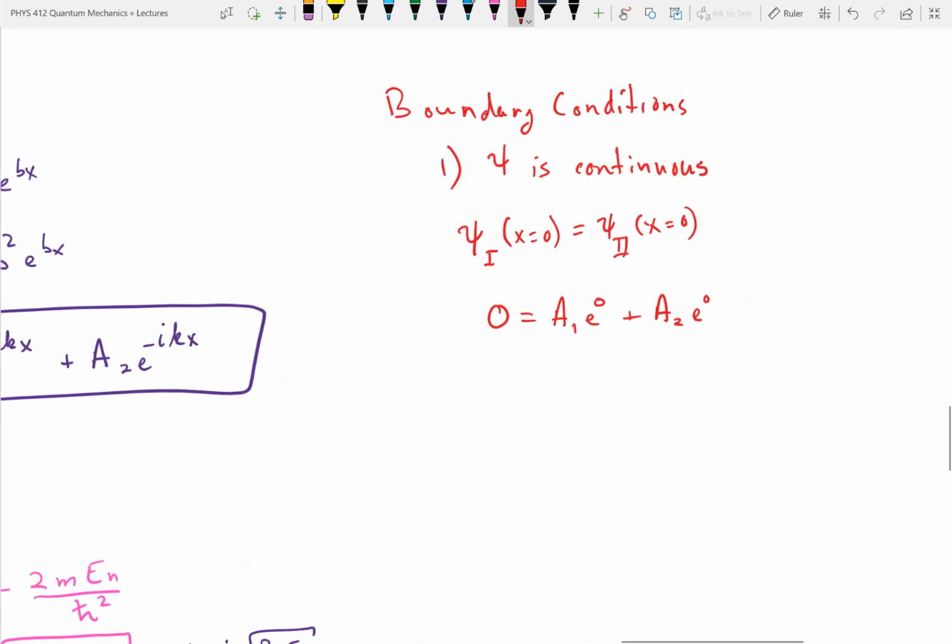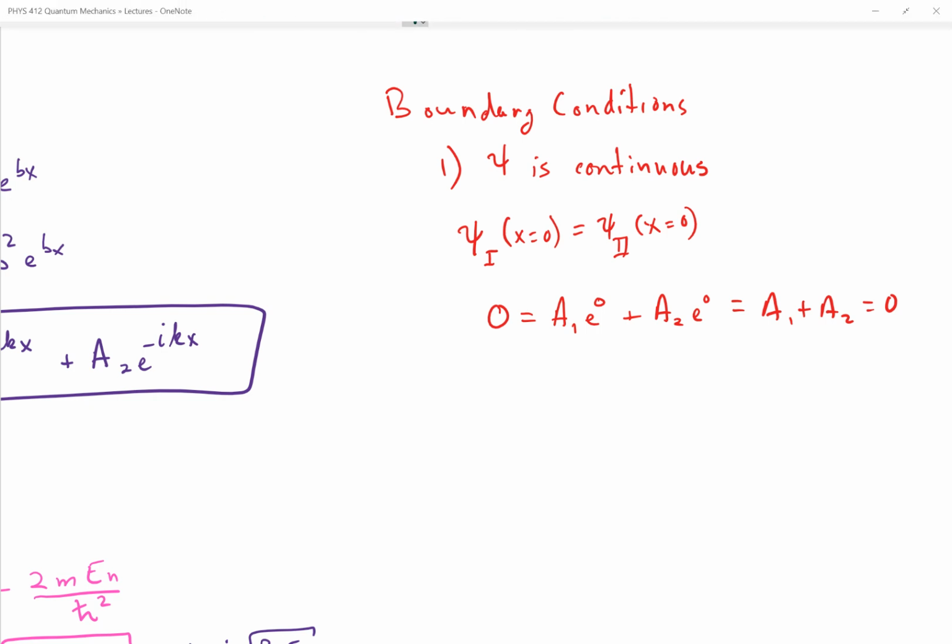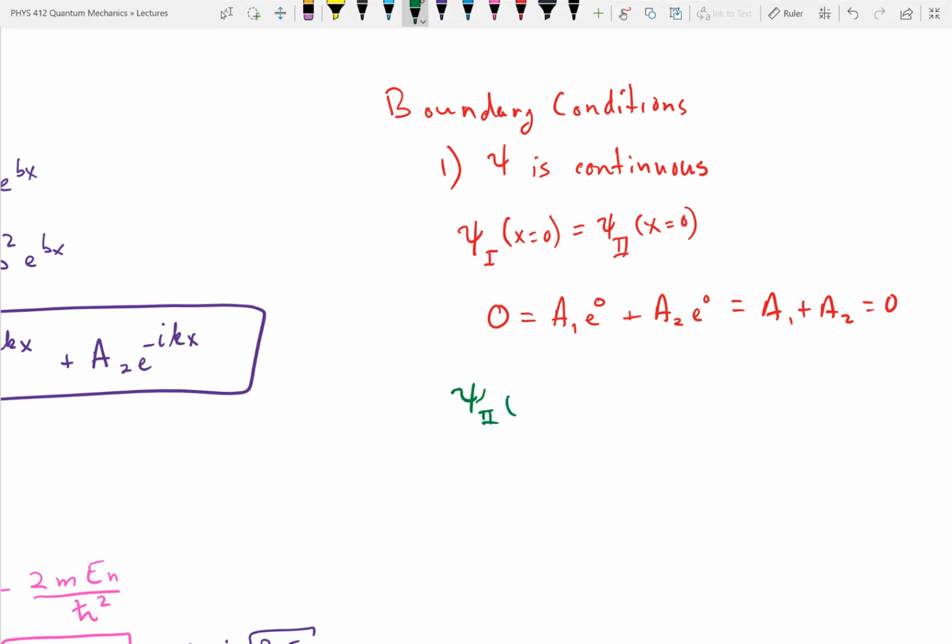Okay, so that's just equals a1 plus a2. So we have a1 plus a2 equals 0. Simple enough. Then we go to boundary 2, which is going from region 2 to region 3 at x equals L.